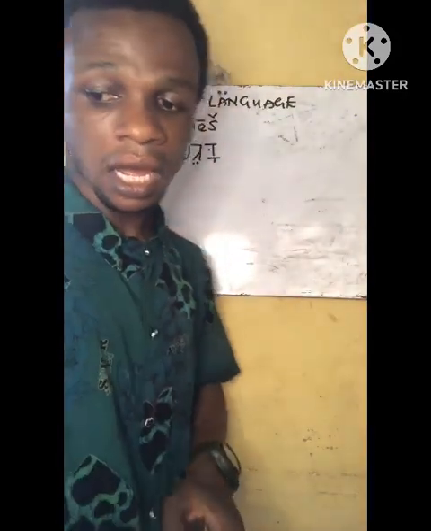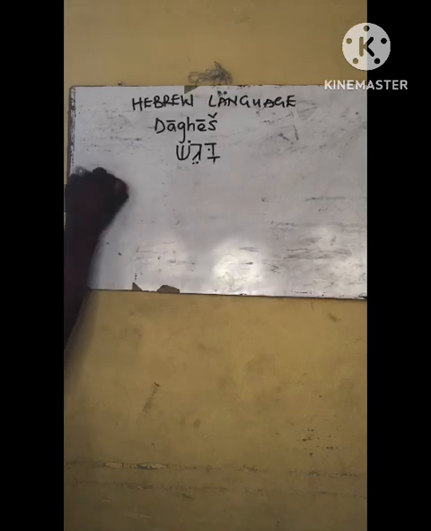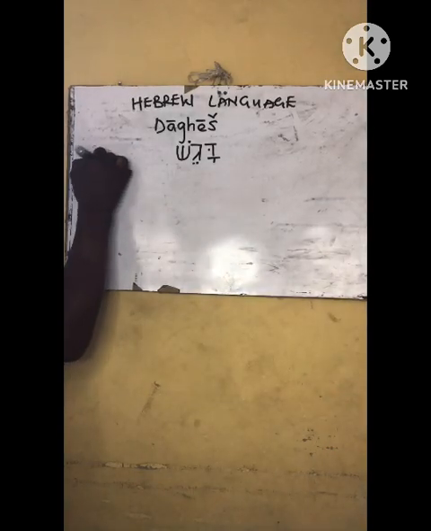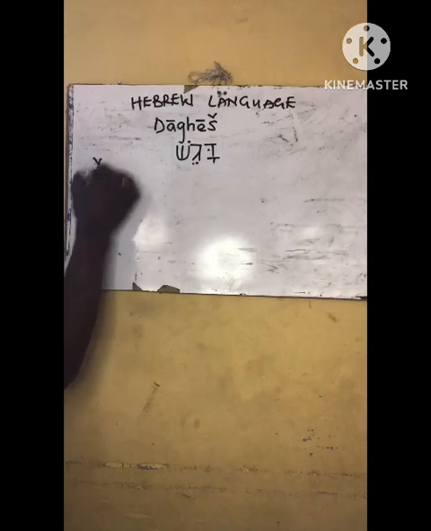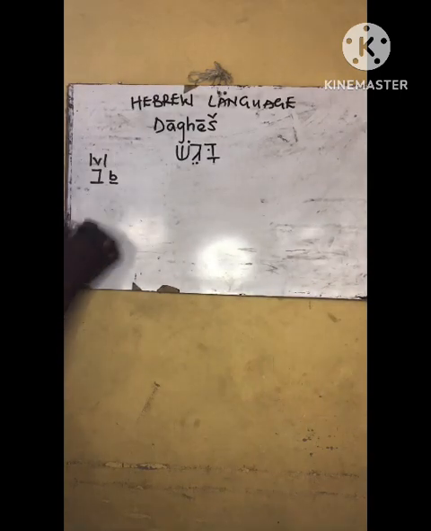So I was able to expose us to what Dāghēš lean means. I told you that Dāghēš lean means the dot being placed at the heart of these 6 special letters that we have in consonants that have 2 or more appearances. I'll repeat that again. This is vet, it sounds like v.